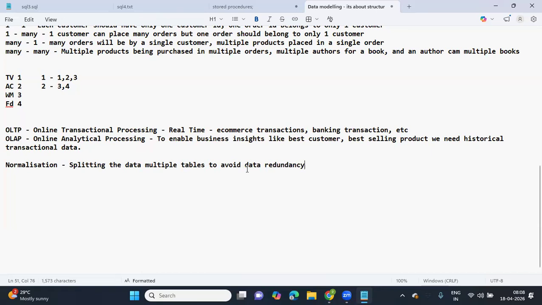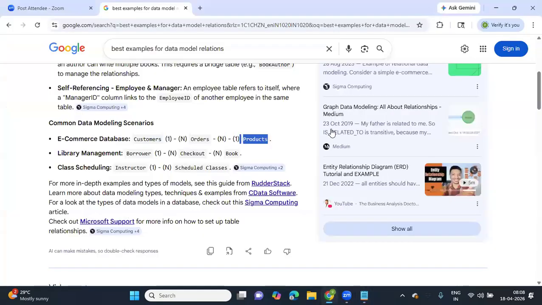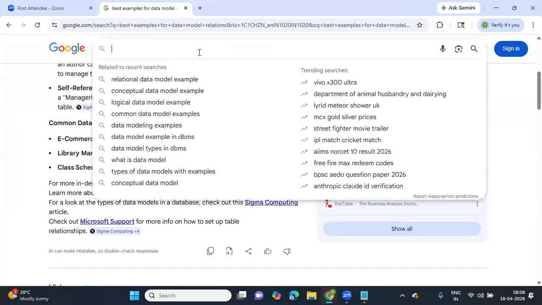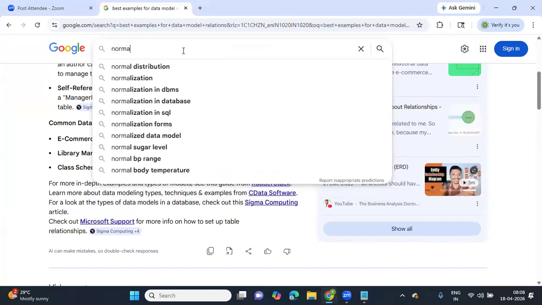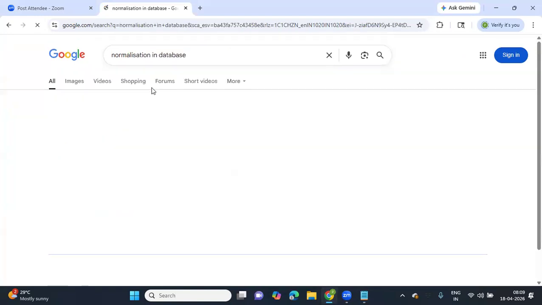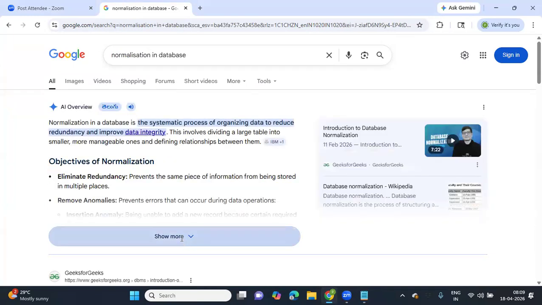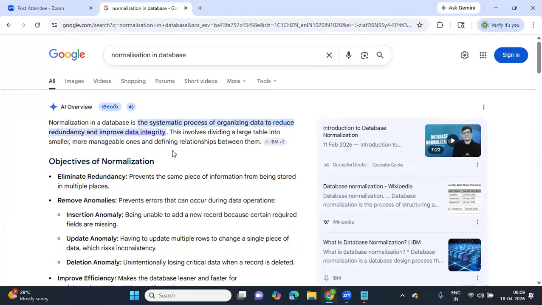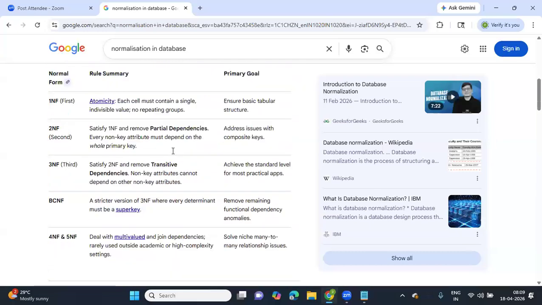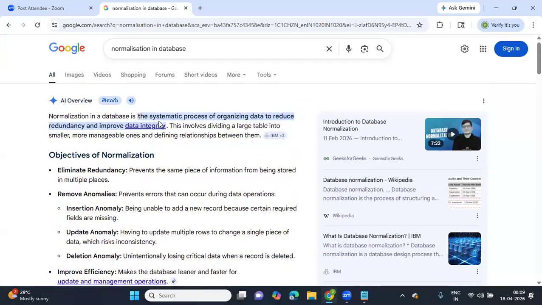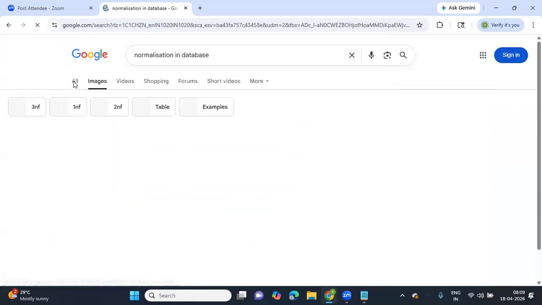First let's see an example, and later you will understand it. This has a diagrammatic representation which will help us understand easily. Normalization.